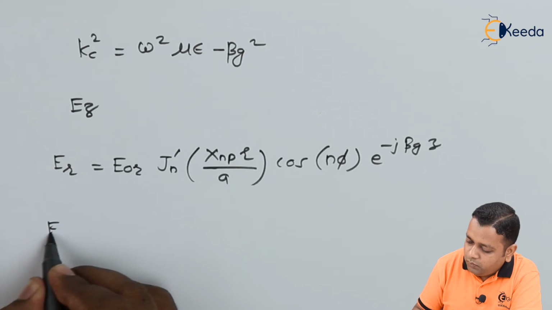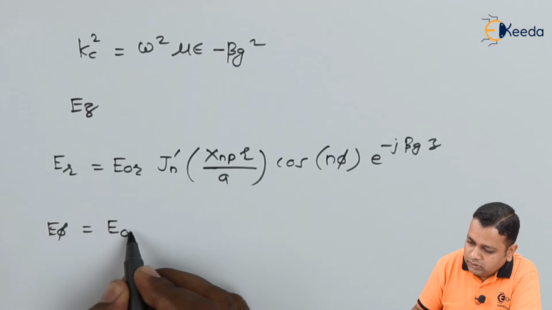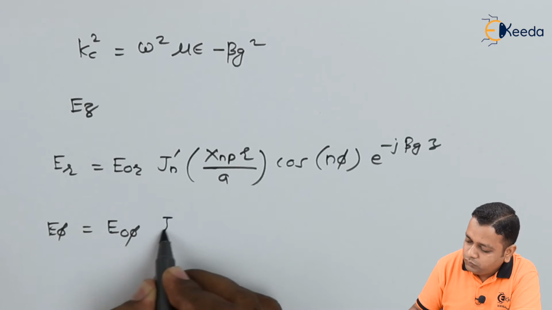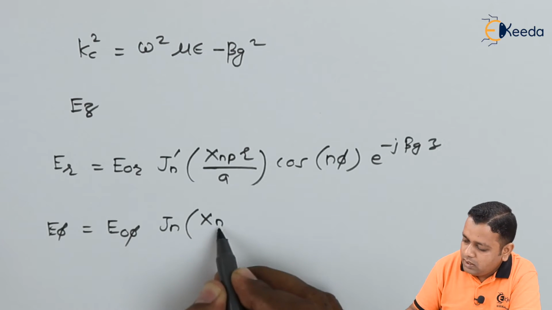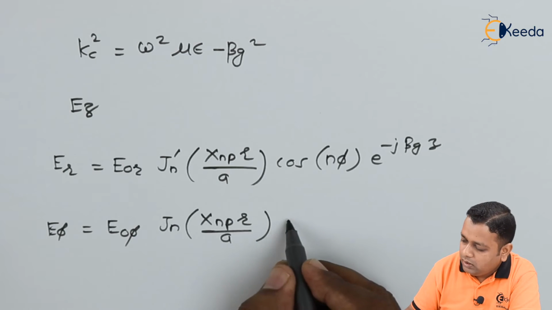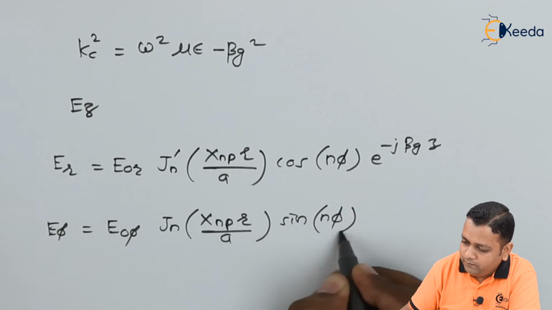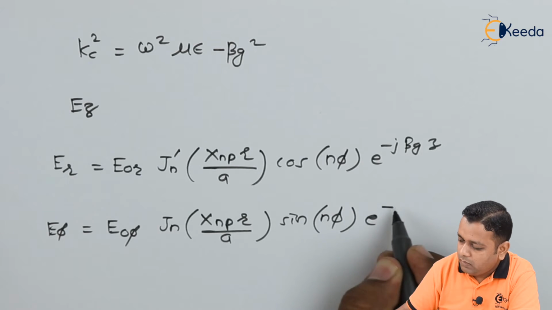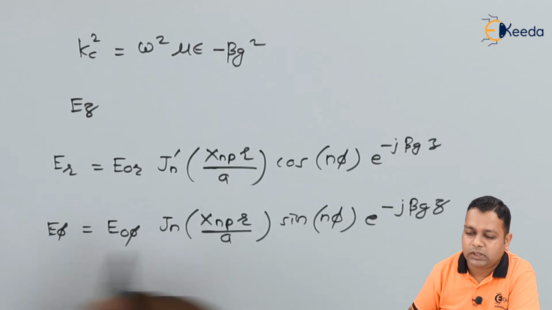Whereas the E phi component is equal to E0 into Jn as a function of Xnp r divided by a, into the sine function of n phi, e to the power minus j beta g z.